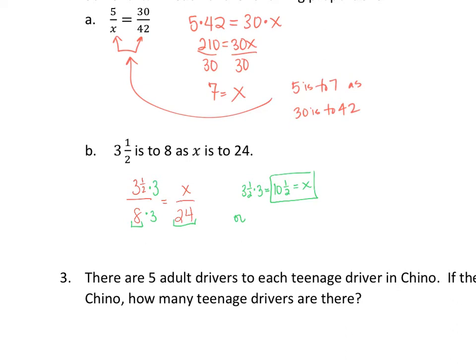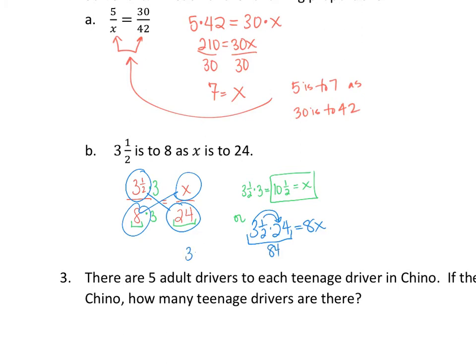But the alternate way is to just follow through with our cross multiplication. So 3 1/2 times the 24 is supposed to equal 8 times x, or 8x. And so we know that 3.5 times 24, well, you could do 3 sets of 24, which is going to be 72. And then take half of 24, which is 12, so we're going to get 84 altogether.